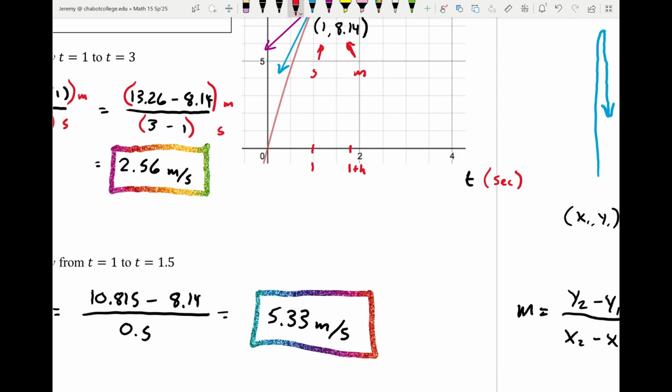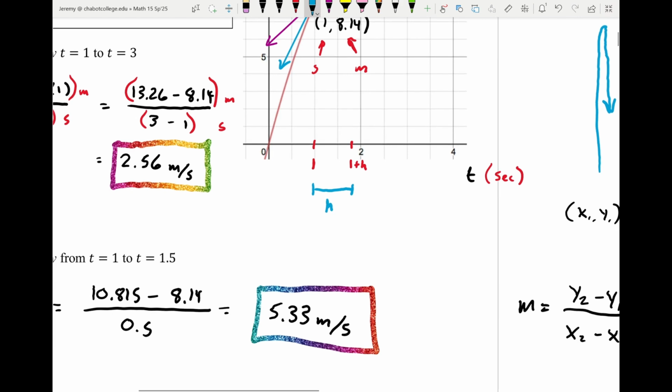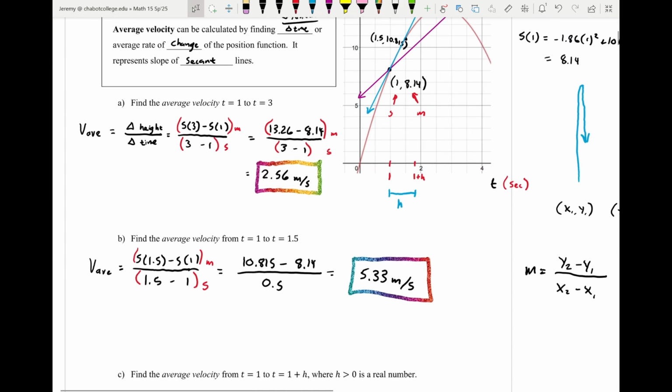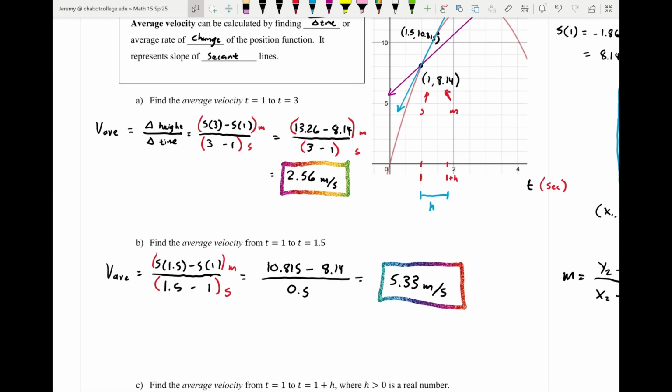So if this is 1 and this is 1 plus h, the distance between them, just the width of this time interval, is h. Like in this first example, the width of the time interval from t equals 1 to t equals 3, this is where h was equal to 2.